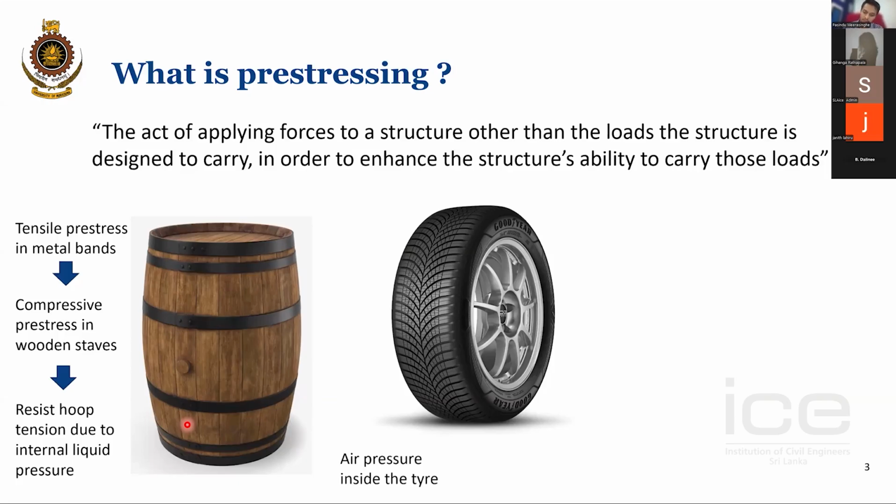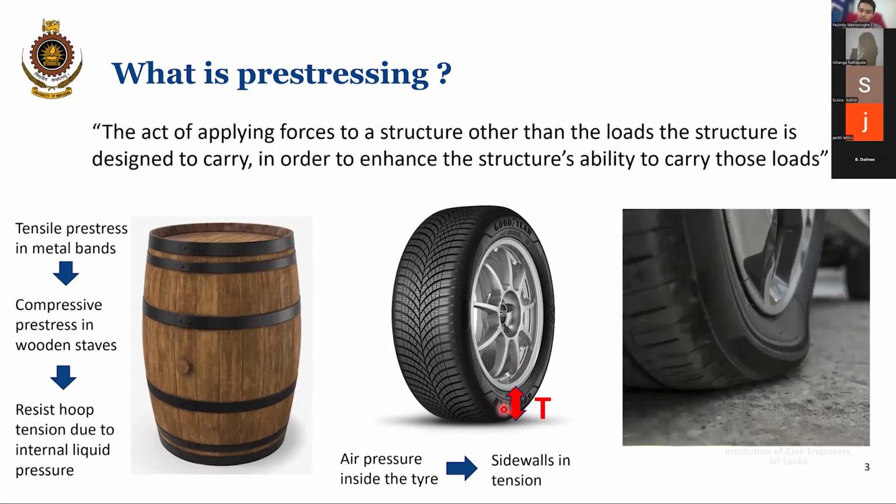And the pneumatic tire is inflated with air. Due to the air pressure inside the tire, air is under compression, but due to that compressive air pressure, the side walls of the tire are under tension, right? These are stretched because of the air pressure inside.